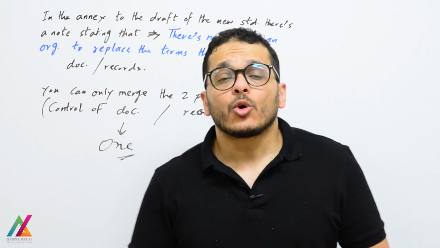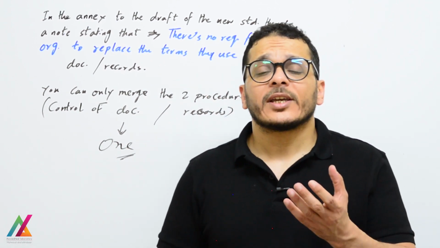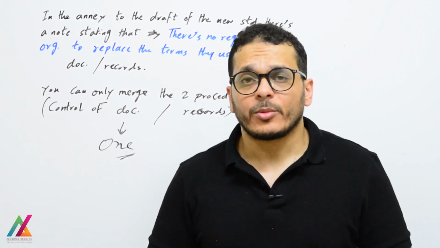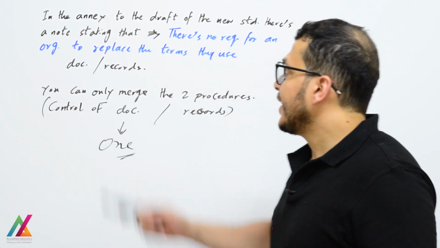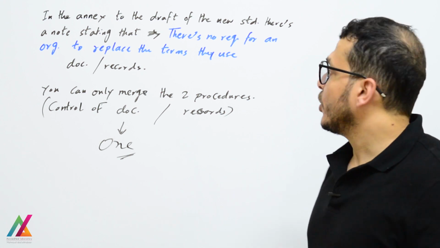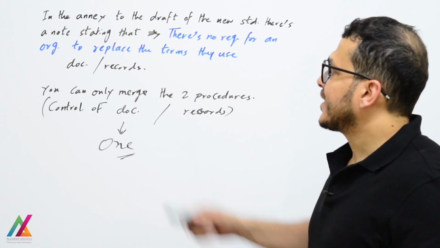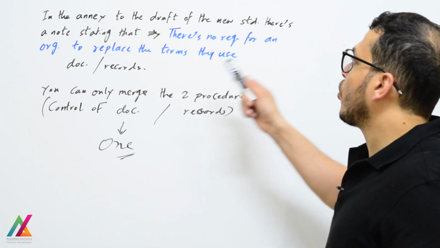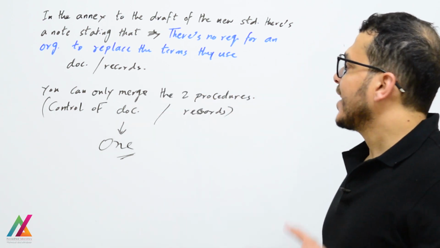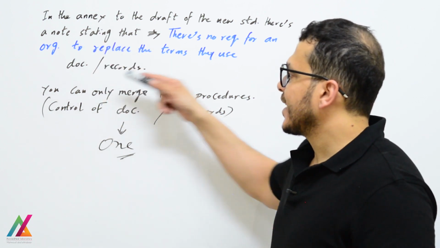According to the new standard, it now has the name of documented information, not documents and records. But do you need to change? In the annex to the draft of the new standard, there is a note stating that there is no requirement for an organization to replace the terms they use, documents and records.